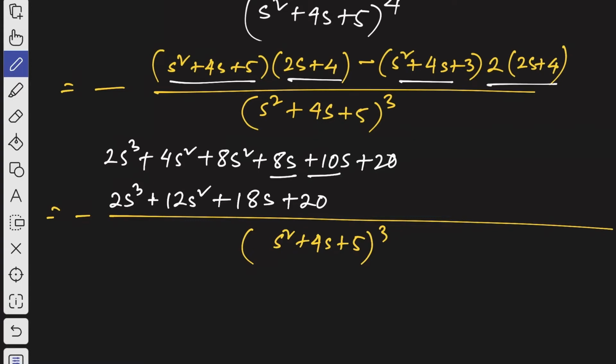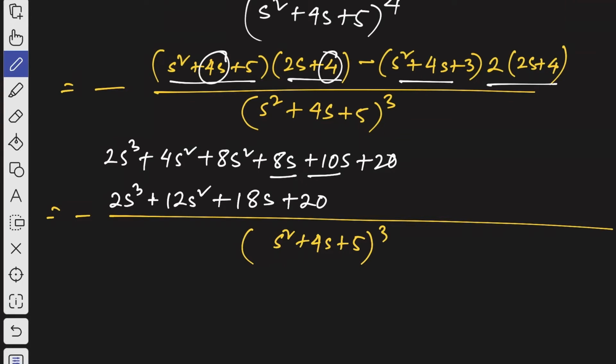So now let's multiply this. So what will you get? If you multiply this, okay, let me check if I have made any mistakes. Sorry, I have made a mistake here.